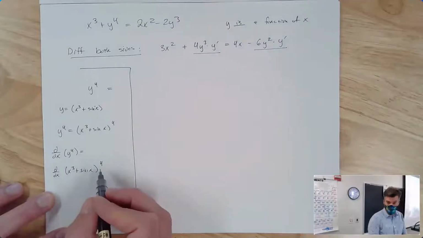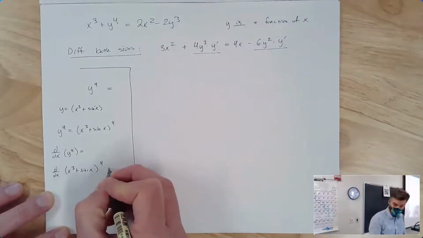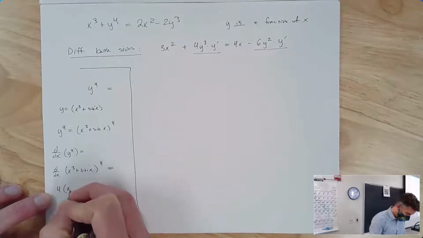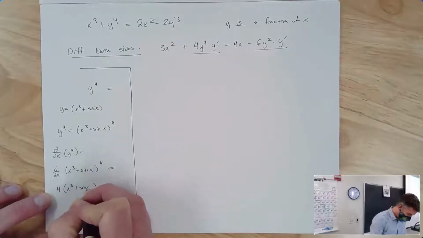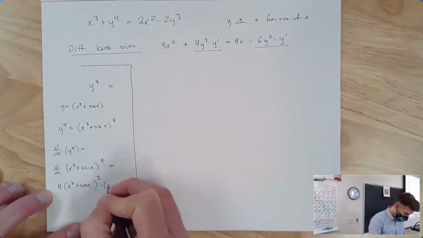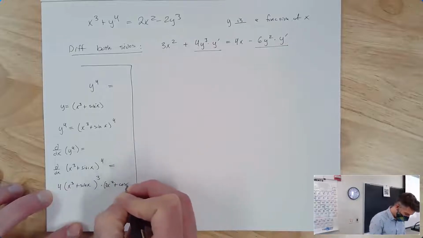So the derivative of some stuff to the fourth, well, we're going to use the chain rule and get 4 times our stuff to the third power, but then we have to multiply by the derivative of the stuff, which is 3x squared plus cosine of x.